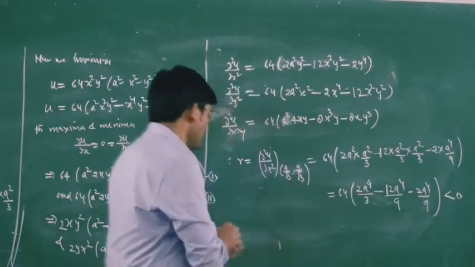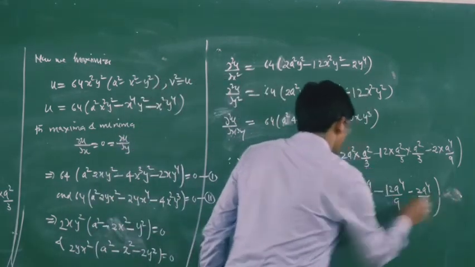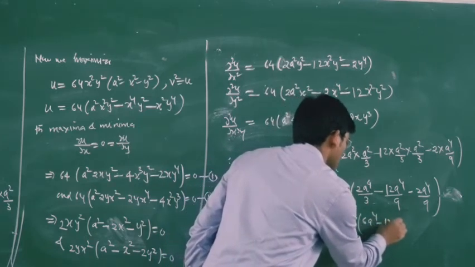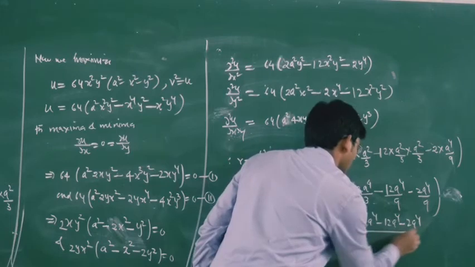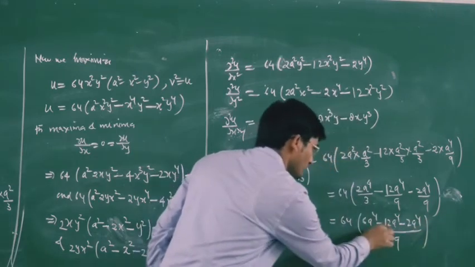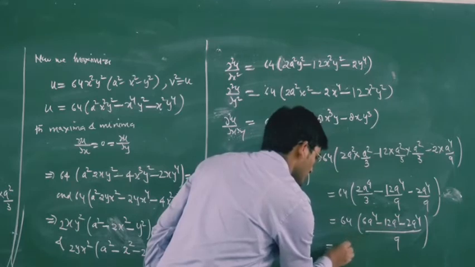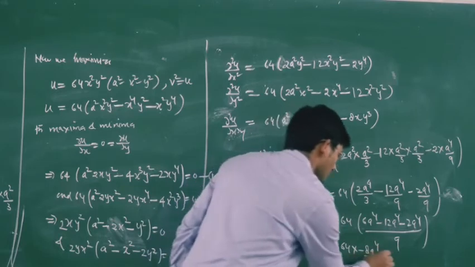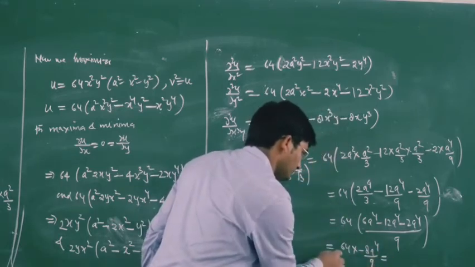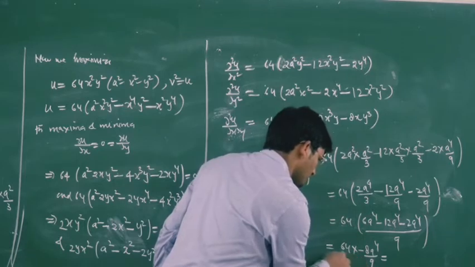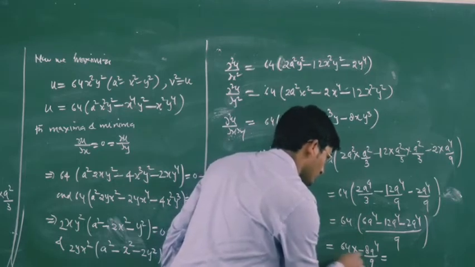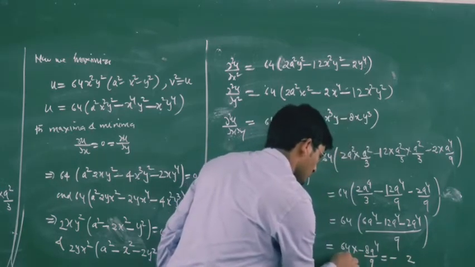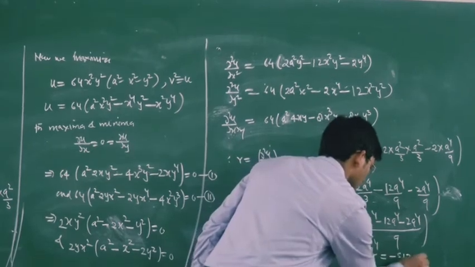Now this r is negative, and this is equal to 64 into, now this will be 6a⁴ minus 12a⁴ minus 2a⁴ divided by 9. So this is equal to 64 into minus a⁴ upon 9. So this is equal to minus 512 divided by 9 into a⁴.